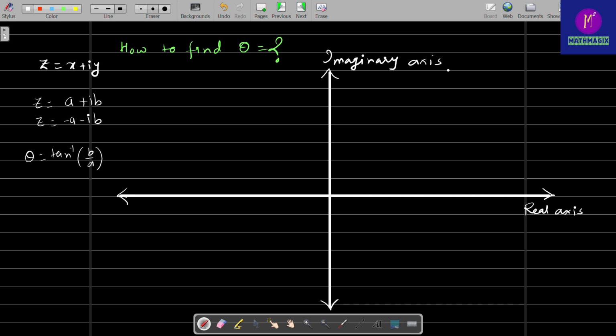But obviously if you write this angle theta for z equal to minus a minus ib as well, you will get a wrong answer. To avoid this, we will use one thing here. Whatever the value of z, we will first find alpha. So alpha is nothing but tan inverse of modulus of y by x.